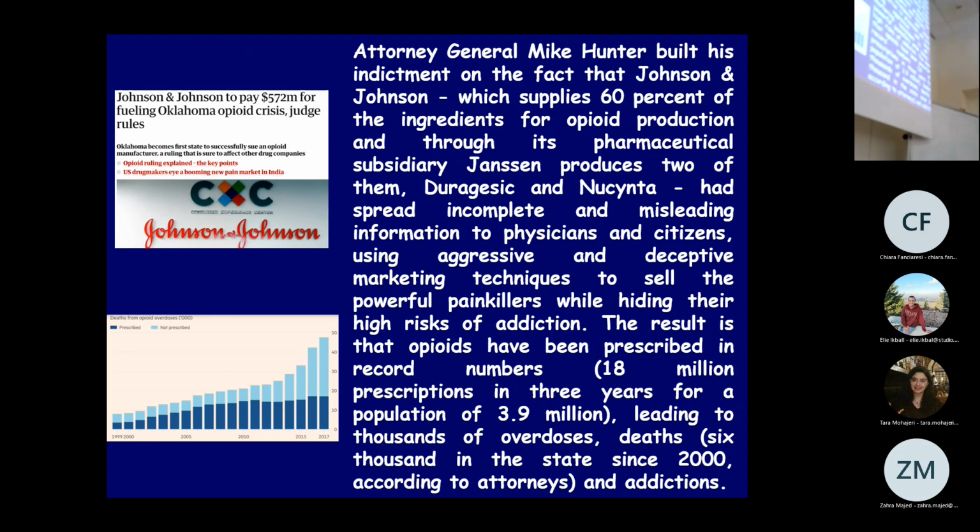What happened some years ago? Johnson & Johnson introduced on the market the use of hydrocodone, if I don't remember, with Duragesic and Nucynta. You see the commercial names of these two compounds, as painkillers, potent painkillers.